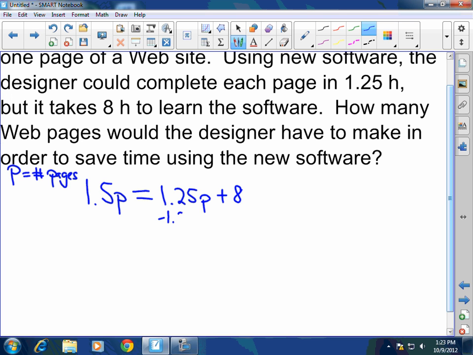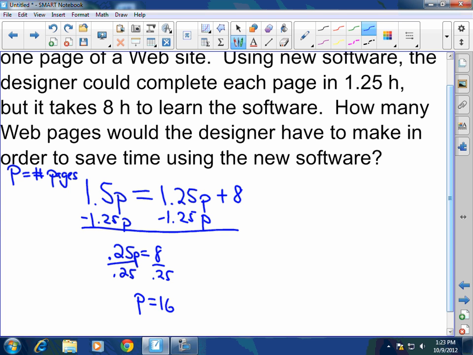So I'm going to subtract 1.25 to both sides. And I'm going to have left over 0.25P equals 8, so P equals 8 divided by 0.25. And P will equal 16. Or you could have done it the easier way.